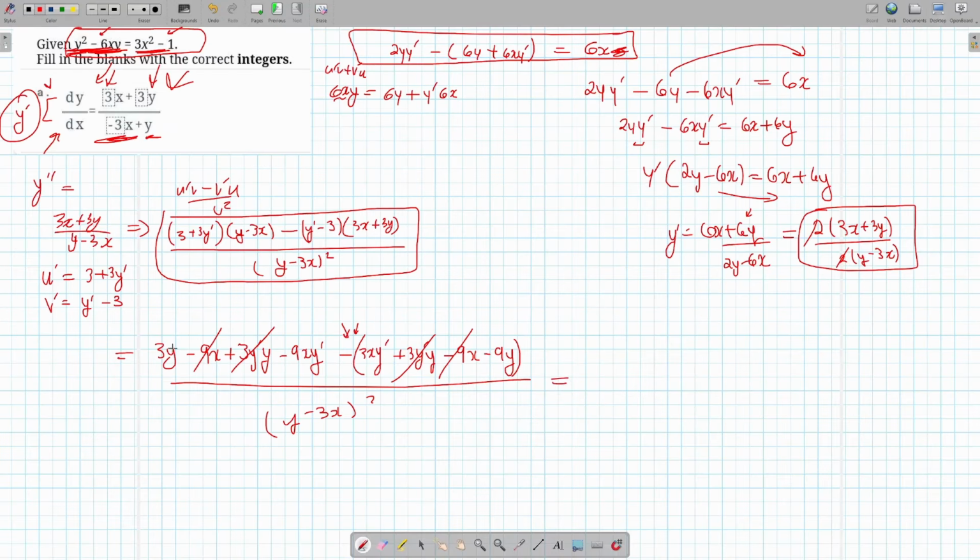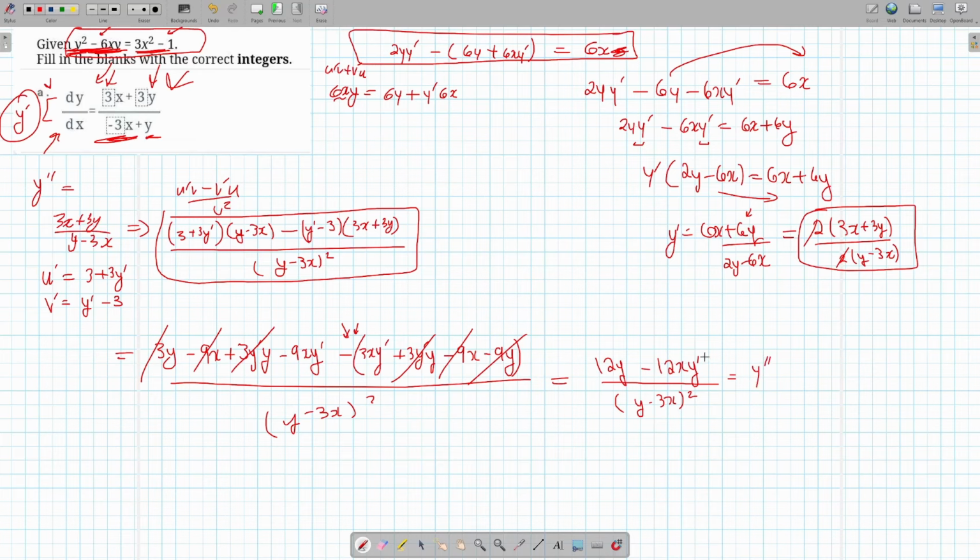Let's simplify. 3y minus 9y, so it's like saying 3y plus 9y, so it becomes 12y. So we're done with these. And minus 9 minus 3 becomes minus 12xy prime all over y minus 3x squared. This is equal to y double prime.